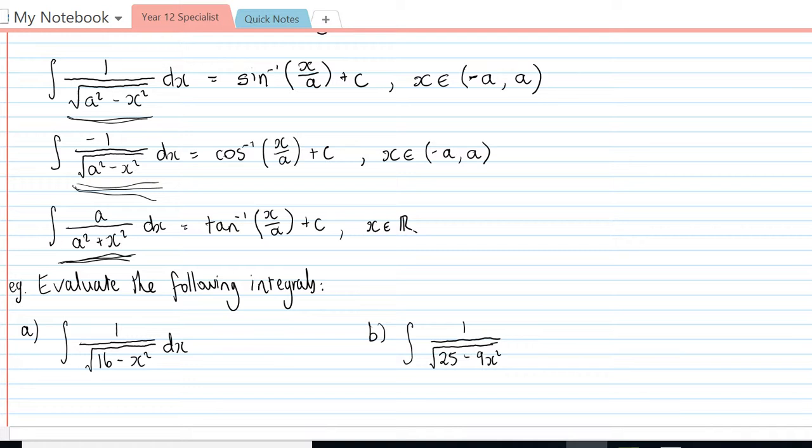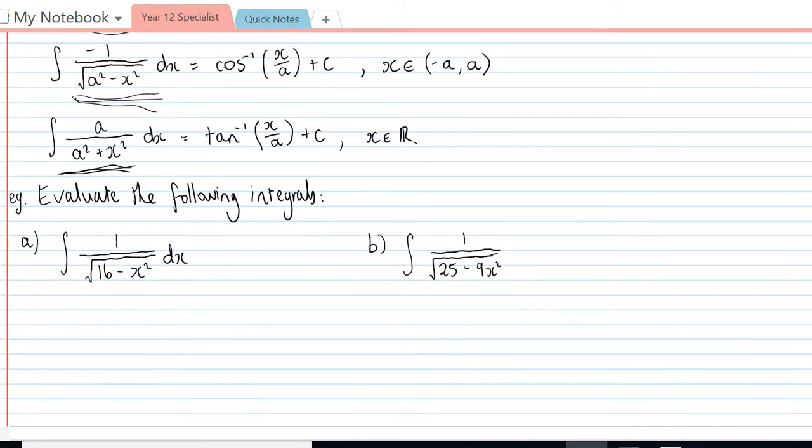So you can basically decide on whether you get an inverse sine or inverse cos, and change the answer to be whatever you want it to be, because we can just multiply by a constant and it doesn't really change our answer. So most of the questions that you see in the book will probably give inverse sine as the rule, just because it tends to be a bit nicer, I guess.